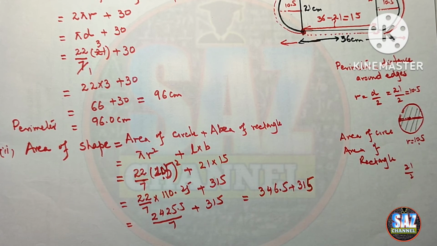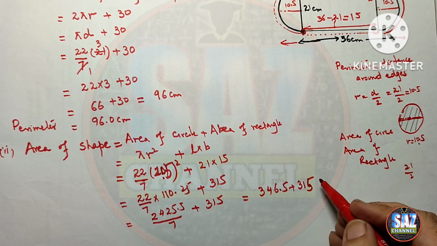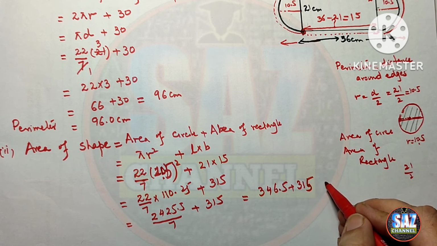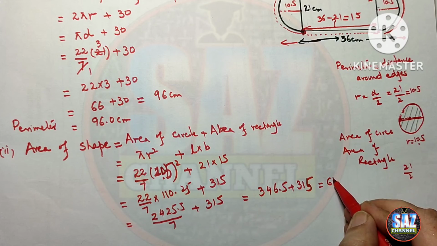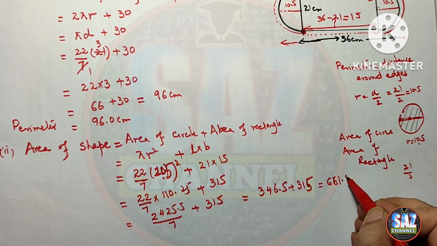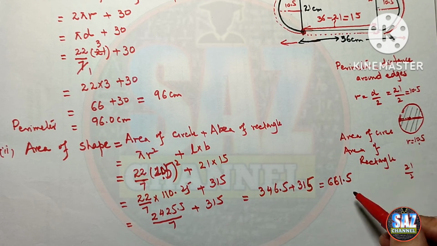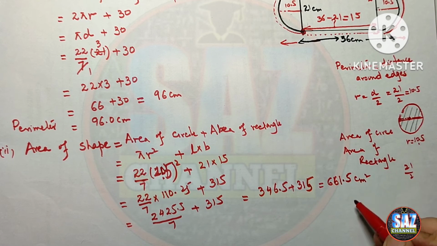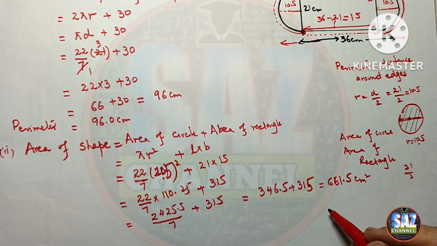I have to be careful. 315, and this is 661.5, and the unit is centimeter square. This can have a little up and down, because here we are using decimal numbers. So if we want to give this answer to 3 significant figures, it can be 662 centimeter square as well. So both answers are acceptable.